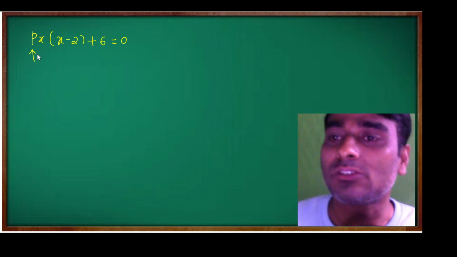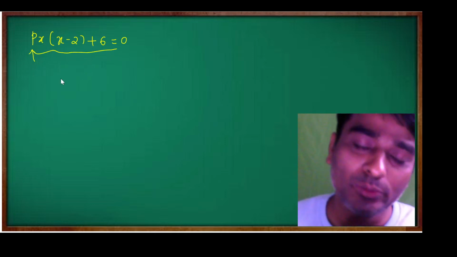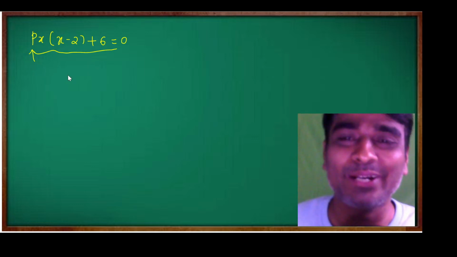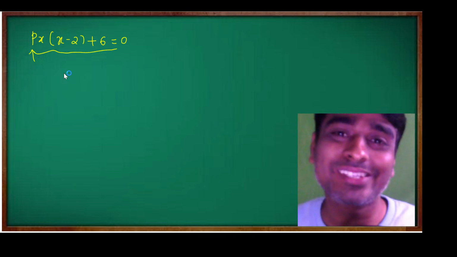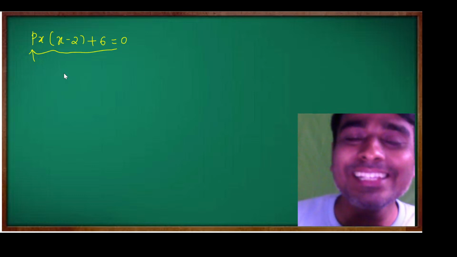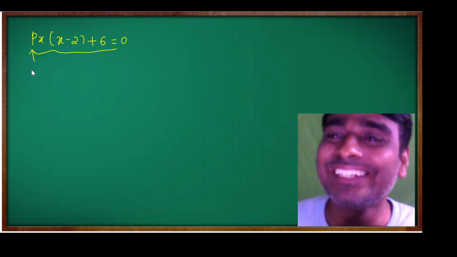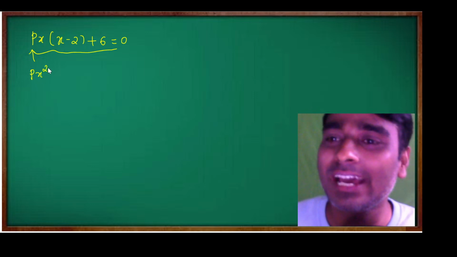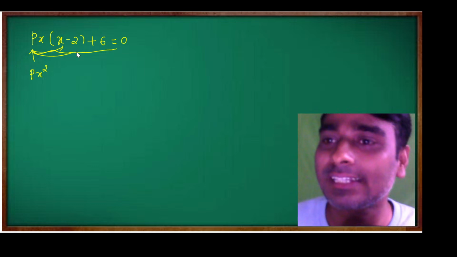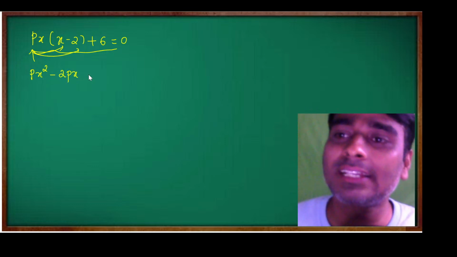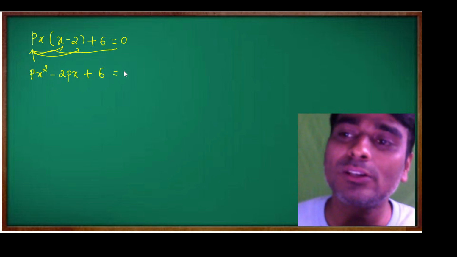First of all, this is not in standard form. Bring it to standard form. Okay, so px squared, I am just multiplying px inside: px squared minus 2px plus 6 equal to 0.